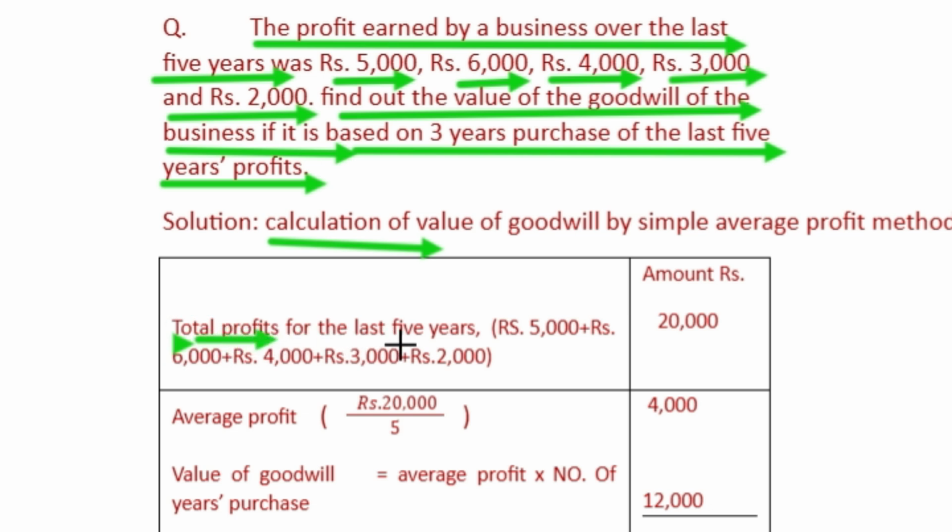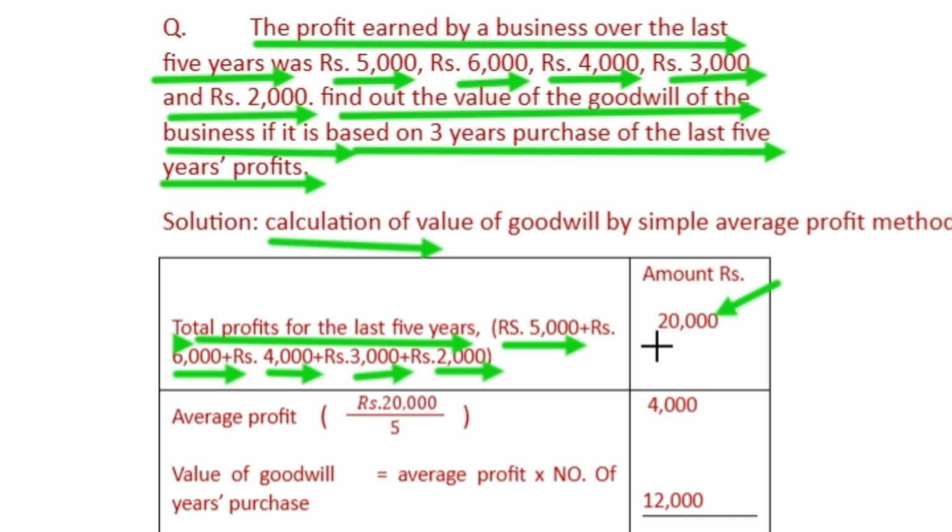Total profit for the last 5 years: rupees 5,000 plus 6,000 plus 4,000 plus 3,000 plus 2,000. If there is a loss, it is to be deducted, minus. Now the total profit comes to 20,000.